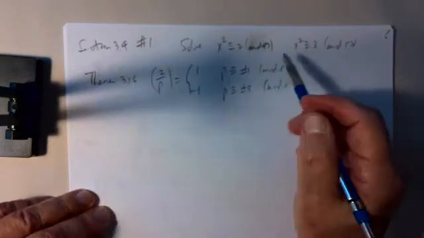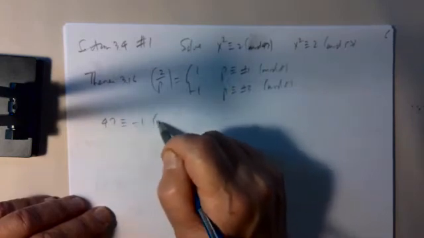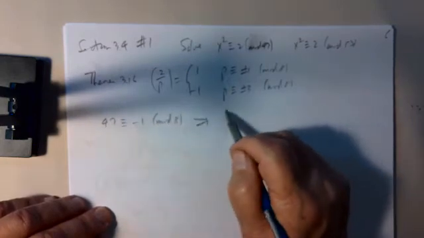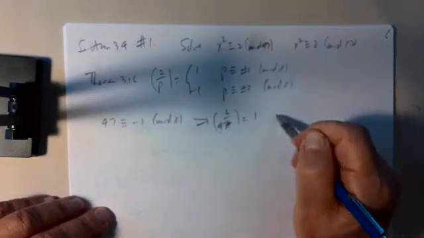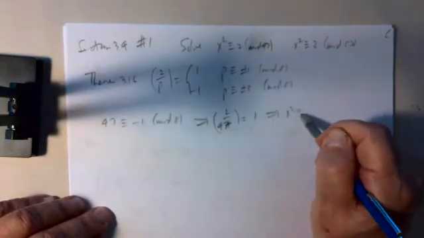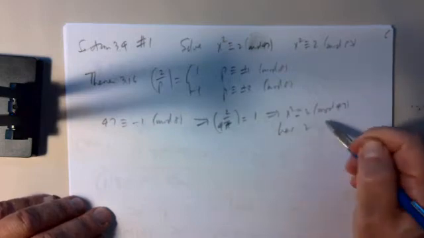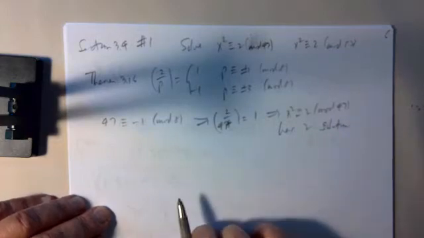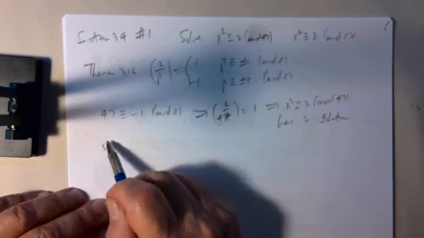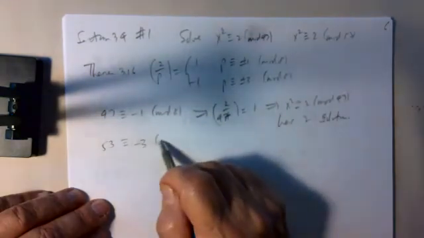So let's look at the congruence class mod 8 of each of these primes. 47 is congruent to minus 1 mod 8. So 2 over 47 is plus 1, which means x squared congruent to 2 mod 47 has two distinct solutions mod 47. What about 53? 53 is congruent to minus 3 mod 8.